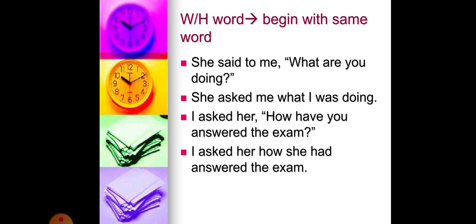In the question, how have you answered the exam, after the WH word the helping verb was used, then the subject. But in the answer, after the WH word, the subject is used, then the verb. So you have to keep this in mind.